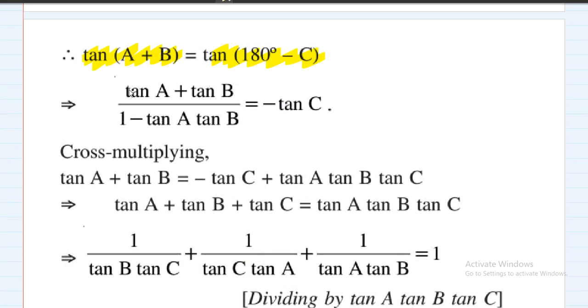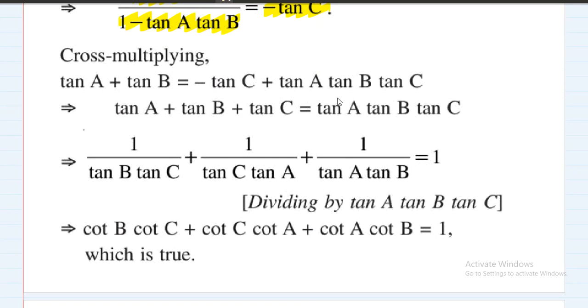So tan of a plus b is tan a plus tan b upon 1 minus tan a tan b, equal to minus of tan c. Then cross multiplying, you get tan a plus tan b is equal to minus tan c plus tan a tan b tan c. So tan a plus tan b plus tan c is equal to tan a tan b tan c.